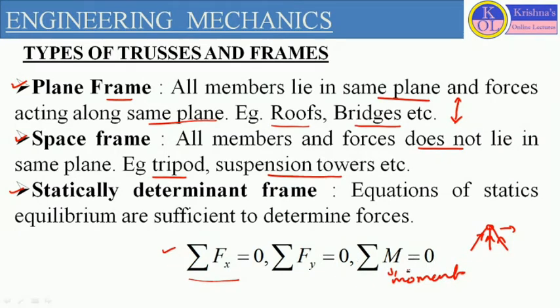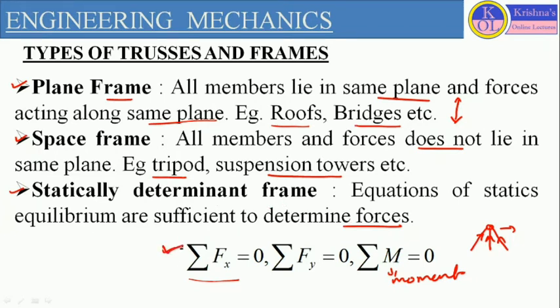If we consider all three conditions, and we consider any frame structure which has a number of bars or rods and is subjected to a number of forces, and if we are able to determine the forces acting on the bars or rods with the help of these three equations, that is, all the forces with the help of the given conditions of equilibrium, then that particular frame structure is called a statically determinate frame or statically determinate trusses.